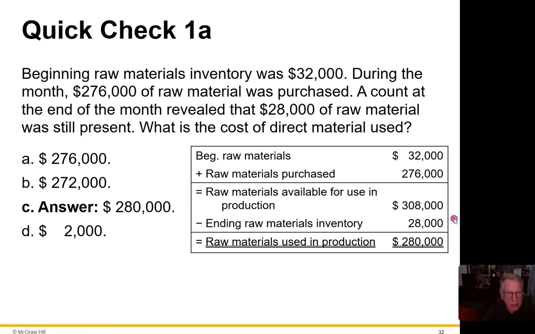We back out our ending raw materials inventory, and that gives us the raw materials used in production of $280,000. Okay. This formula and this approach is going to be used very much in the next 2 or 3 chapters. So please be sure you understand that.